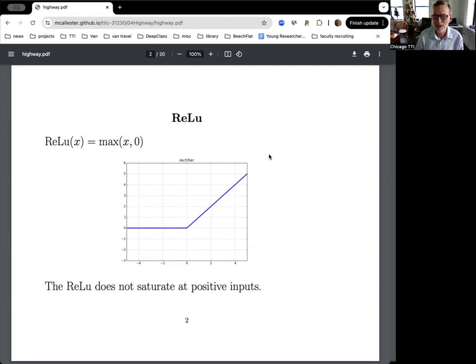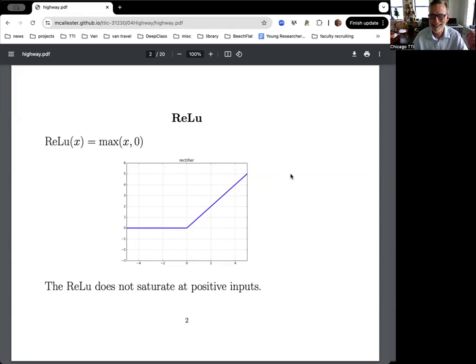And the advantage of this is that it does not saturate. If this eventually stopped increasing, then the derivative of this with respect to the input becomes 0. And if the derivative becomes 0, there's no learning in this neuron because the gradient has to go back through the neuron to update the weights.